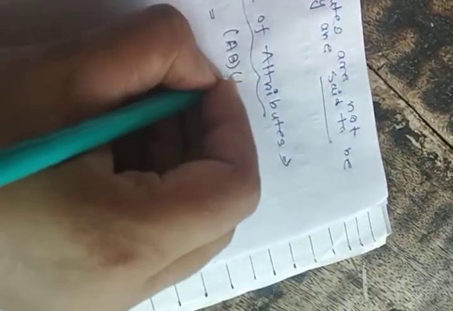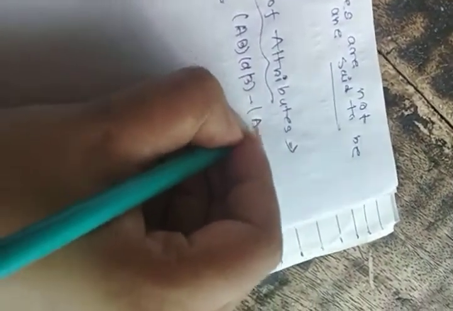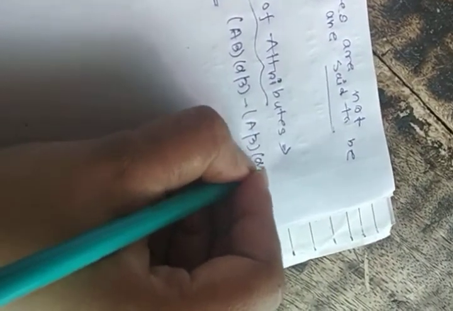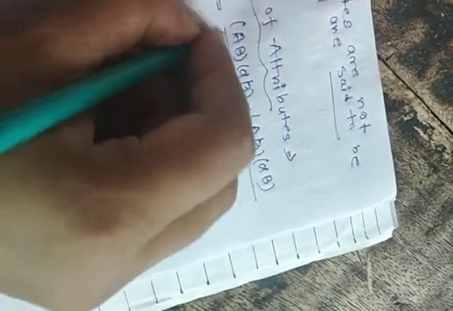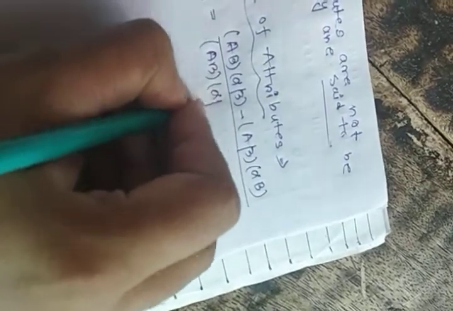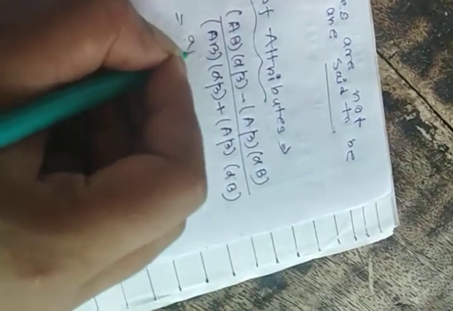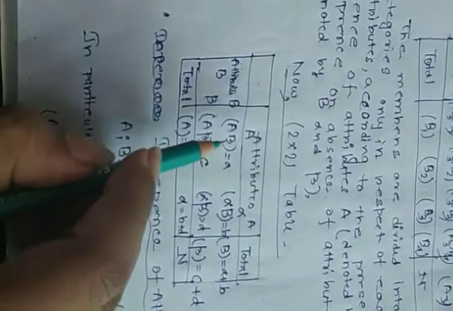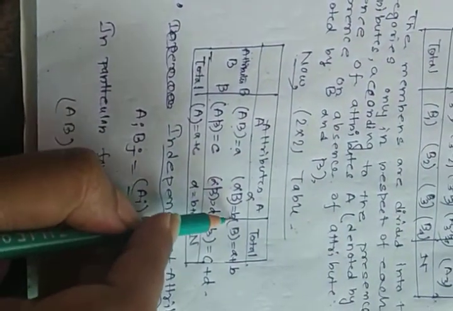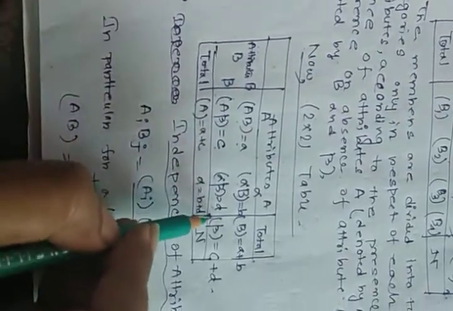If you consider the 2 by 2 table, the formula will be Q equals (AB)(alpha beta) minus (A beta)(alpha B) divided by (AB)(alpha beta) plus (A beta)(alpha B). Obviously AB equals small a, alpha B equals b, A beta equals c, and alpha beta equals d.